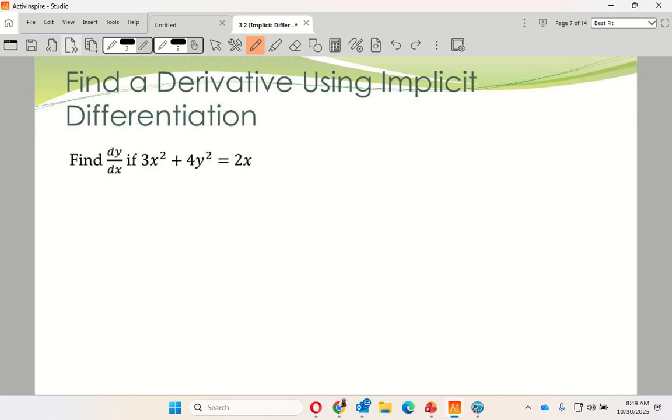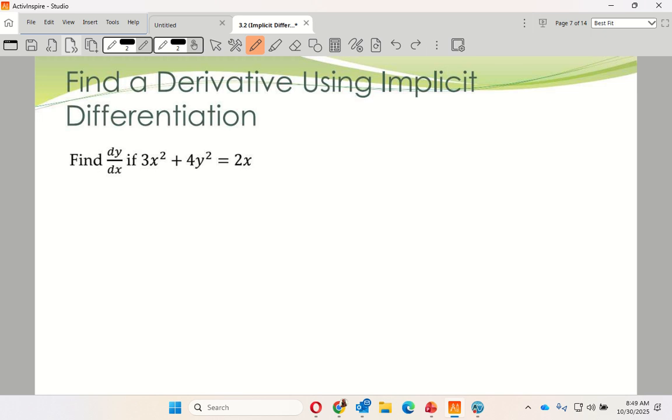If you try to graph x squared plus y squared equals whatever value, that is the equation of a circle. The r in the end would be the radius of that circle. So we're going to have some type of circle.